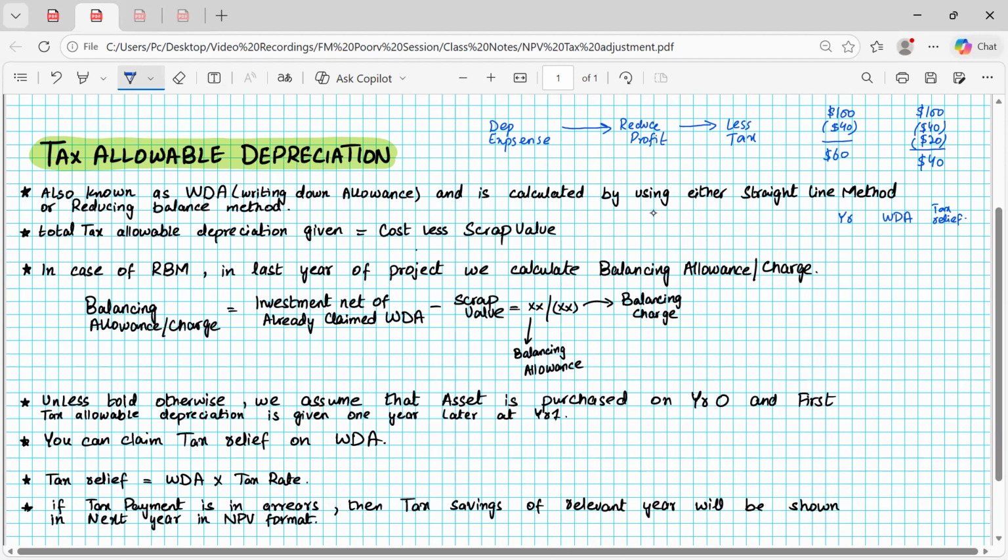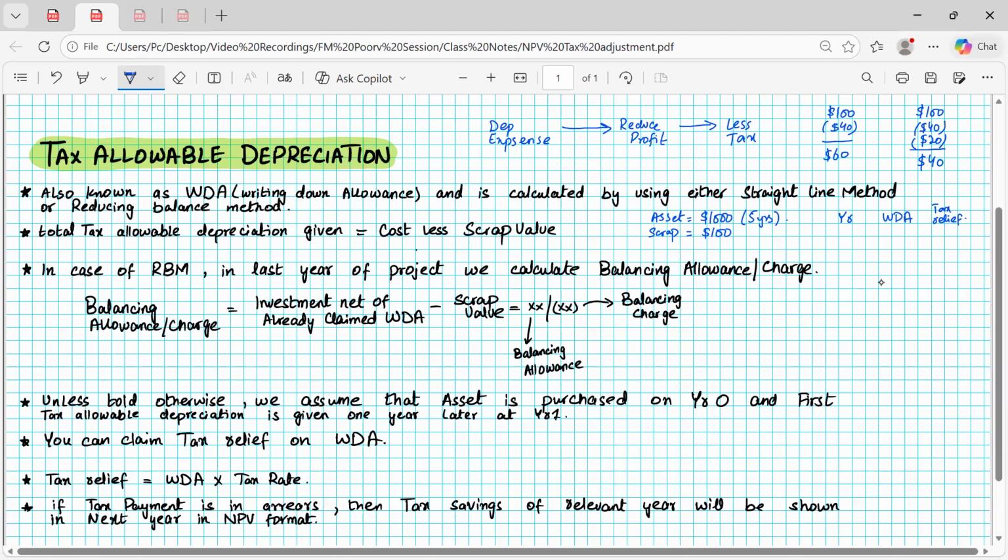So there's an asset. Cost of asset is $1,000, and you charge the allowance or depreciation on the basis of 5 years, and let's say the scrap value of the asset is 100, and we are using the straight line method.